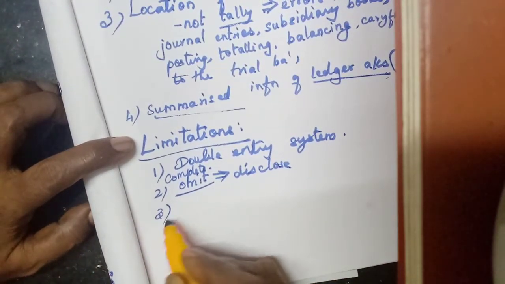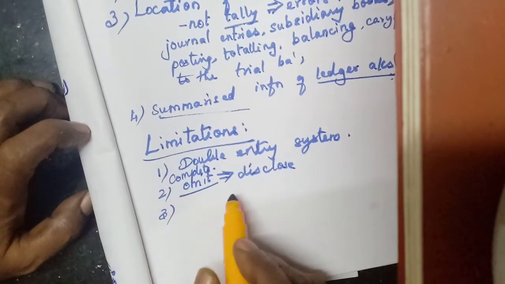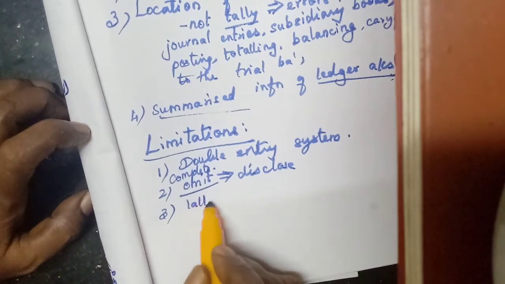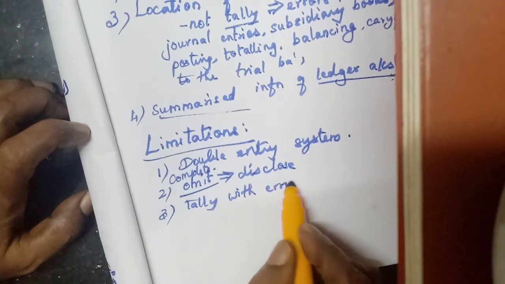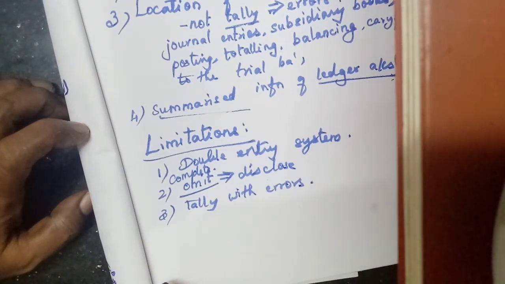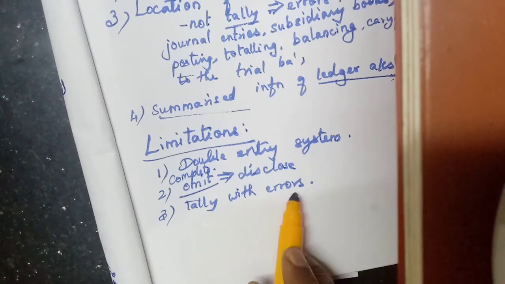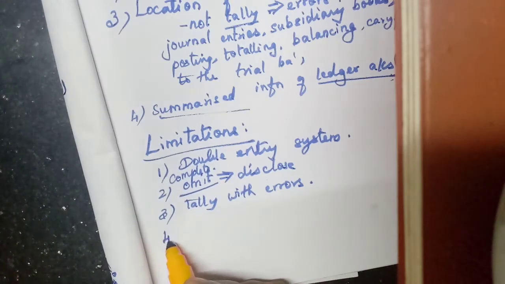So it is one of the drawbacks. Another one: many errors may be there, and even with some errors it will get tally. That is another drawback. We cannot say it is correct tallying, so there is no error. Even if there are some errors, the trial balance may tally.